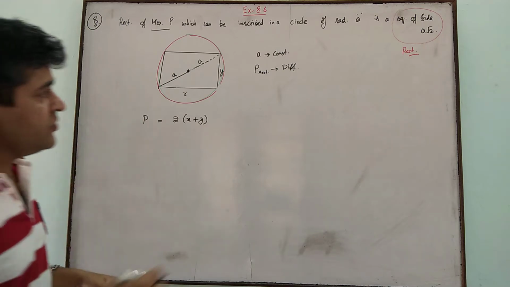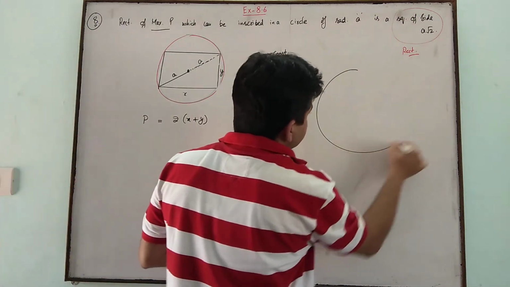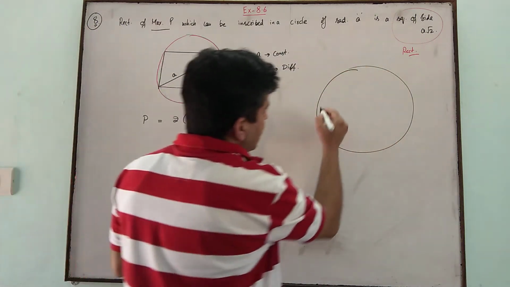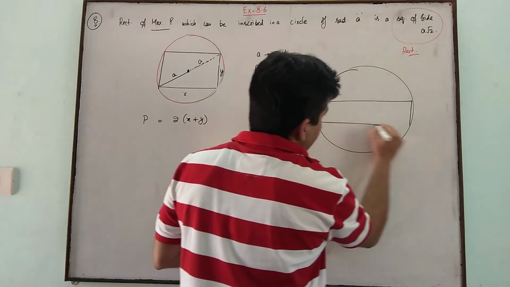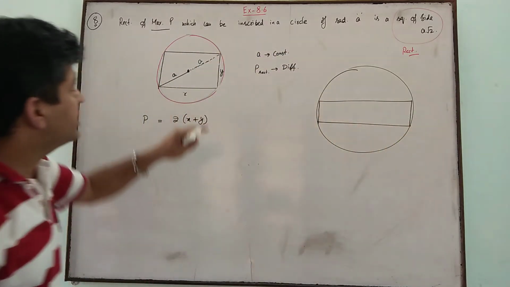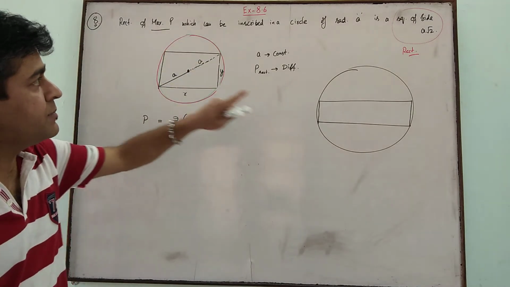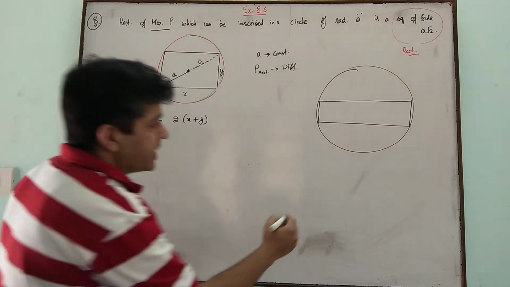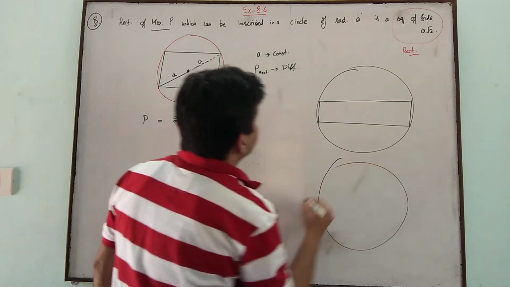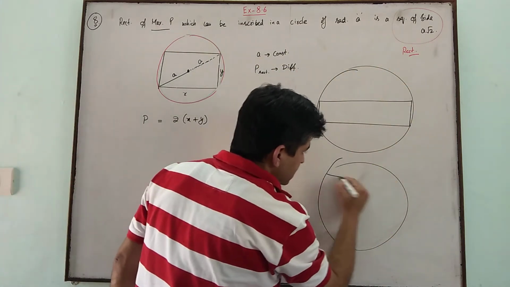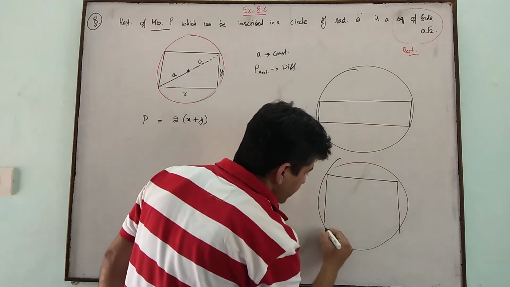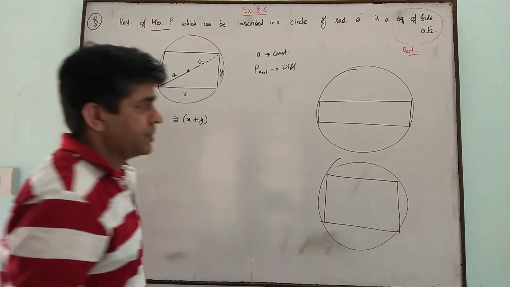Let us say this is the circle, the same circle, and this is the rectangle. Its length and breadth are different, and the perimeter will be maximum when this rectangle is a square.